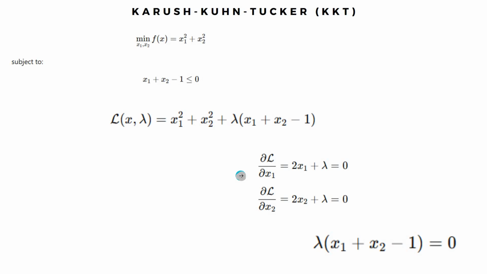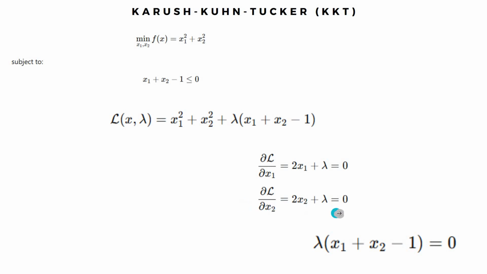Partial L with respect to x sub 1 equals x sub 1 plus lambda equals 0, right? And the second is here: partial L with respect to x sub 2 equals x sub 2 plus lambda equals 0. These conditions ensure that the gradient of the Lagrangian is 0 at the optimal point.